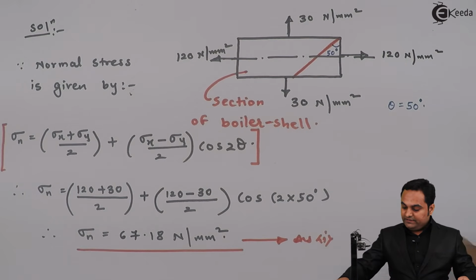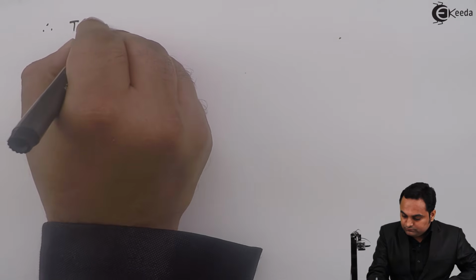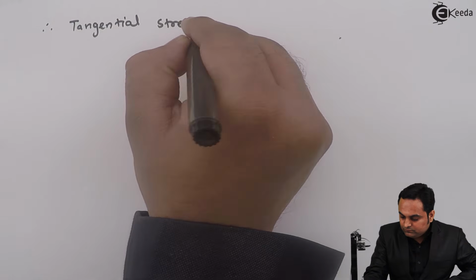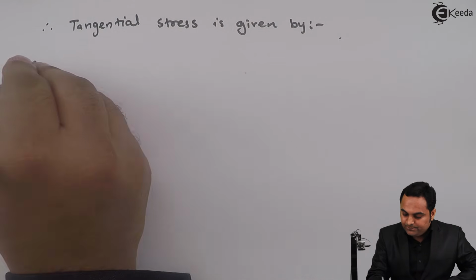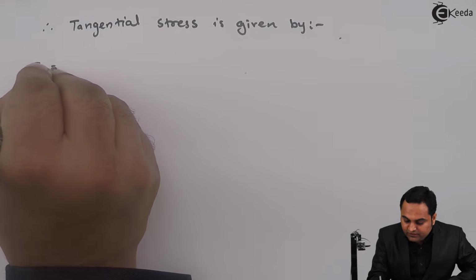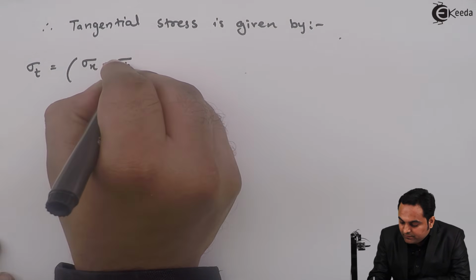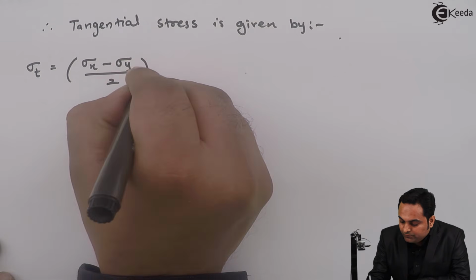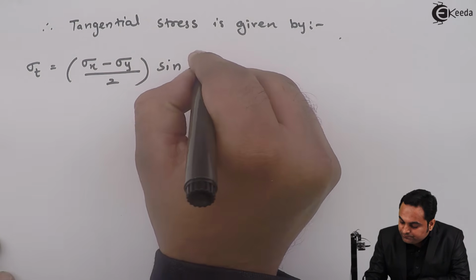Next we have to calculate tangential stress on this oblique plane. Therefore tangential stress is given by sigma suffix t is equal to sigma x minus sigma y by 2 into sine 2 theta.